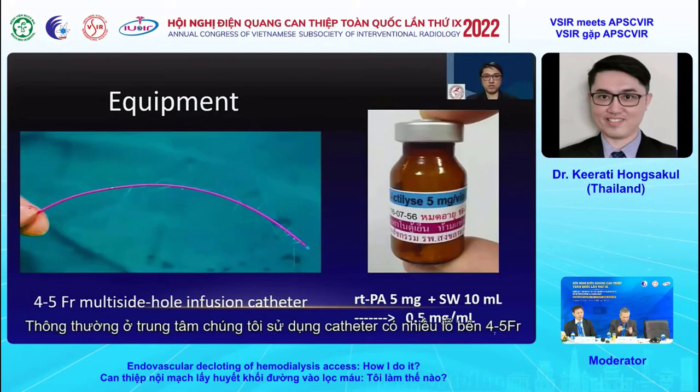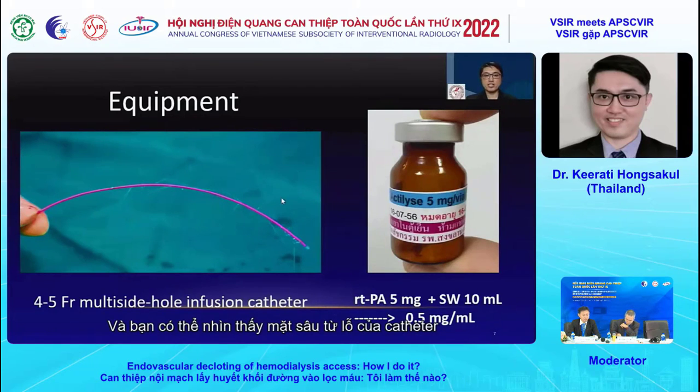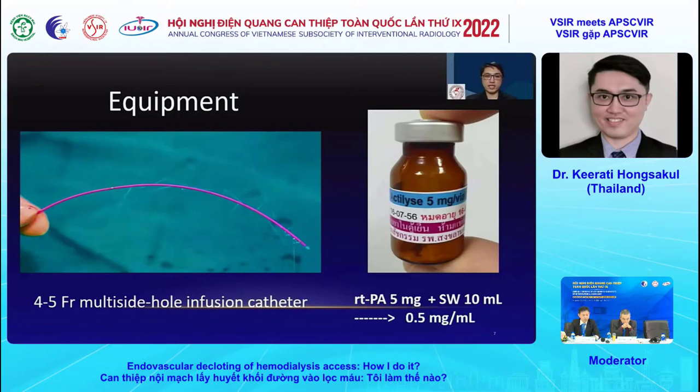Usually in my center, I use the multi-side hole infusion catheter, four or five French, embedded into the clot, and then you use tPA mixed with sterile water and infused via the infusion catheter. You can see the jet flow from the side holes of the catheter, and the jet flow can make mechanical effects and also chemical effects to macerate and to lyse the clot inside the access.